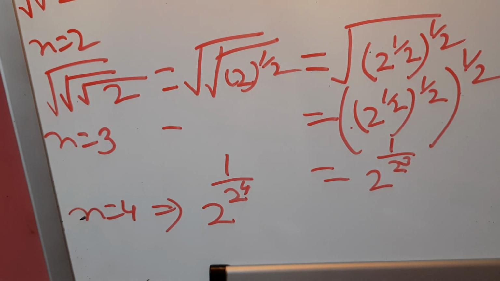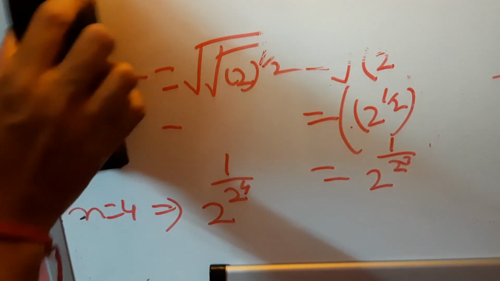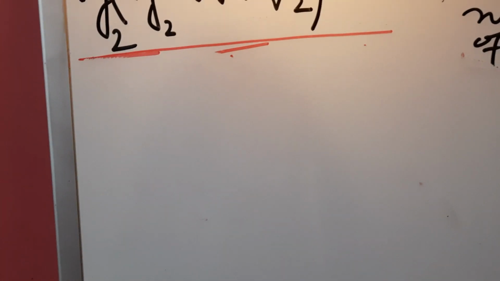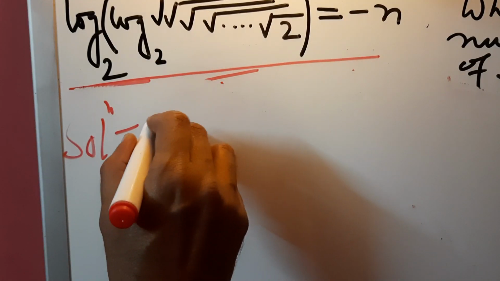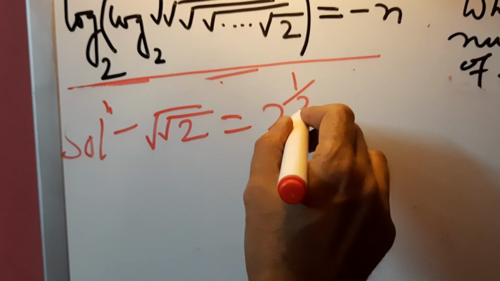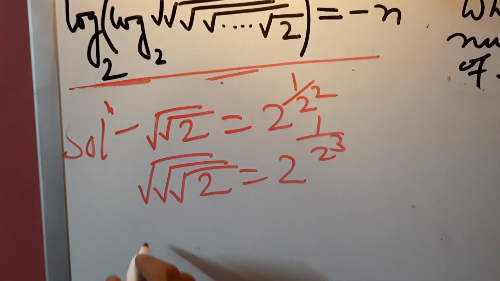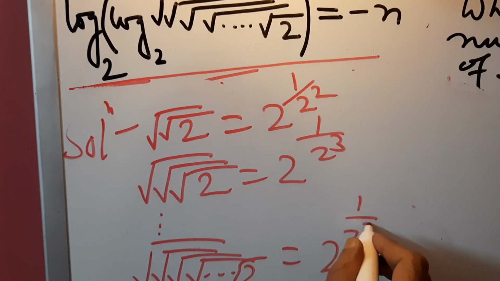So in similar fashion, for n number of square roots, obviously we will get 2 to the power 1 by 2 to the power n.